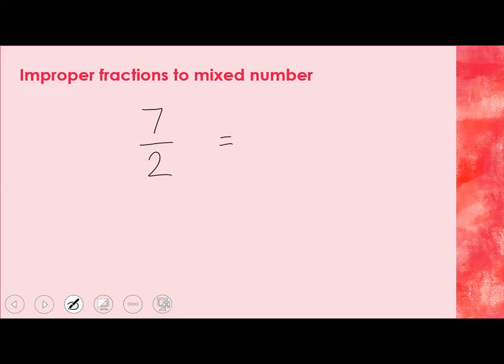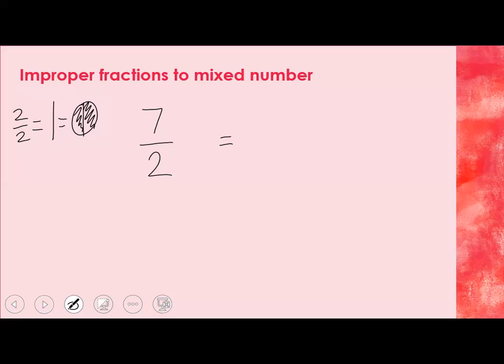Now, how do I work out what this is as a mixed number? Well, here is what I need to do. I need to remember from my previous lessons that 2 halves is equal to 1 whole. Think about it. If I have a whole, I split it into 2 equal halves. There's 1 of them, and there's 2 of them.